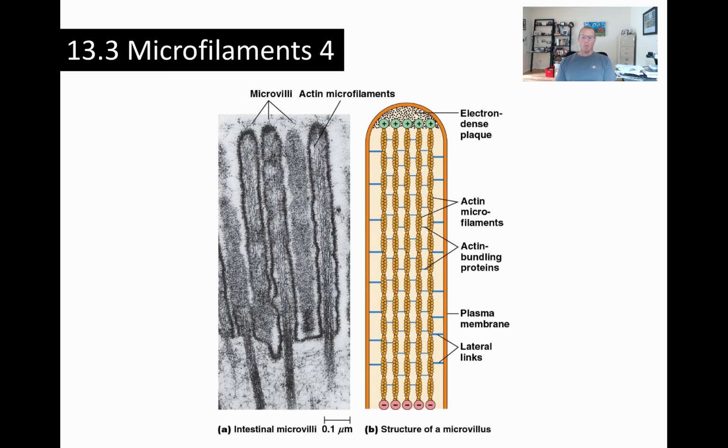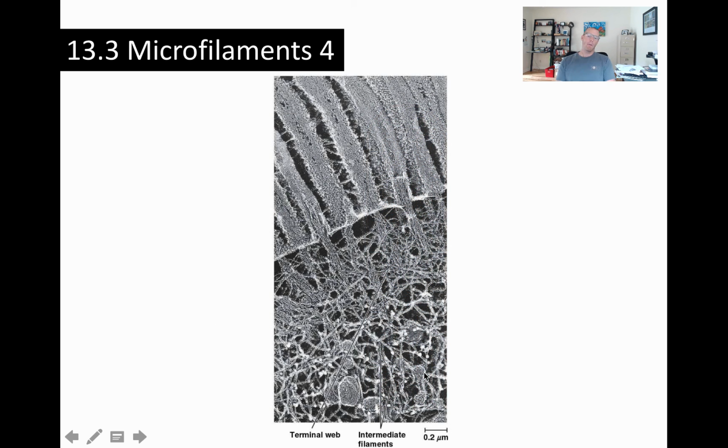The microfilaments are connected to the plasma membrane around the periphery of the microvilli by the motor protein myosin 1 and a protein called calmodulin. Within the bundle, the microfilaments are held together by proteins such as fimbrin and villin. So this is a highly ordered bundle of microfilaments inside a microvillus.